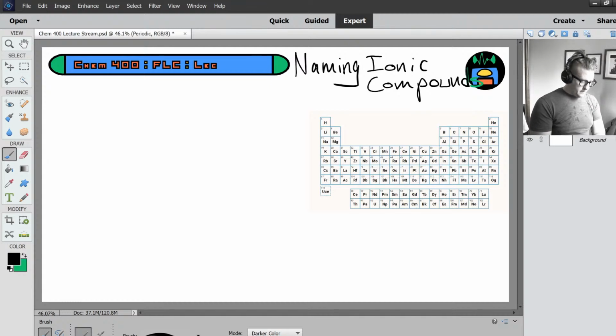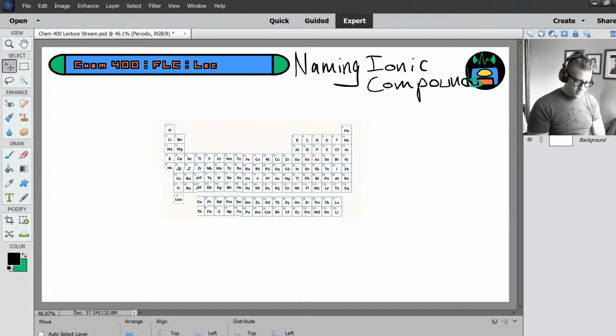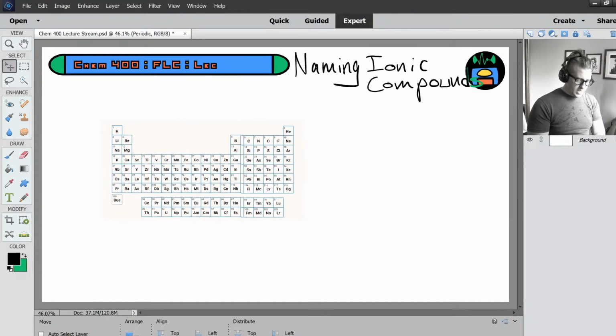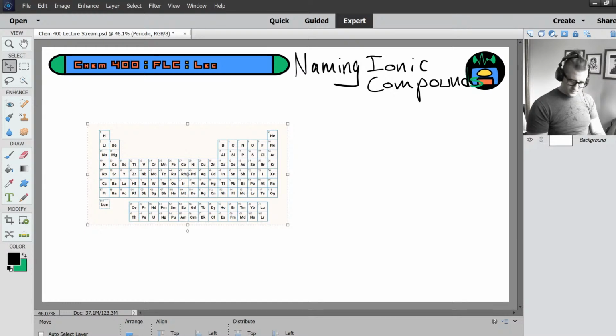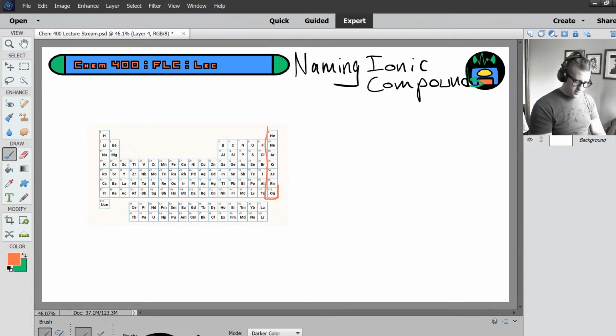All right. Let me grab our periodic table. So the noble gases are right here. They are the last column on the periodic table, as we talked about in lecture, I think a couple lectures ago, or maybe last lecture. So these are noble gases, right there on the end.